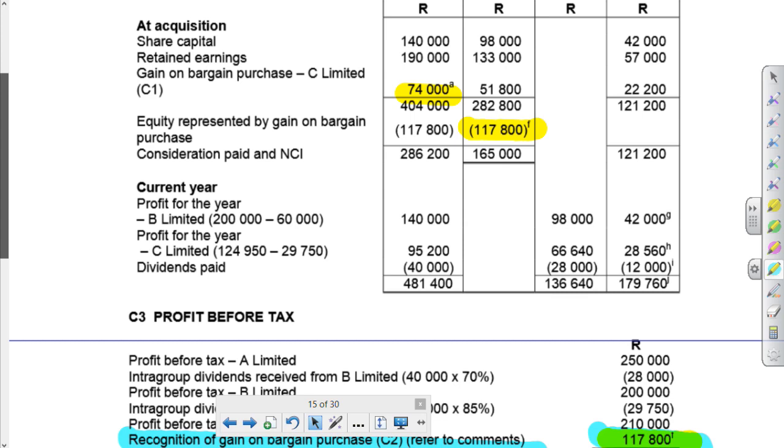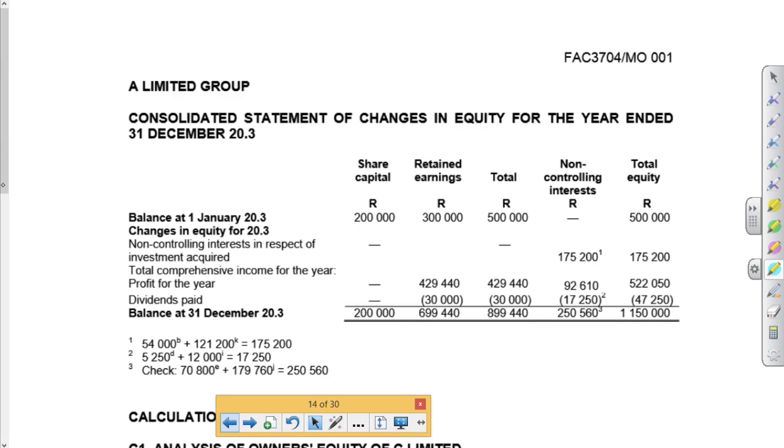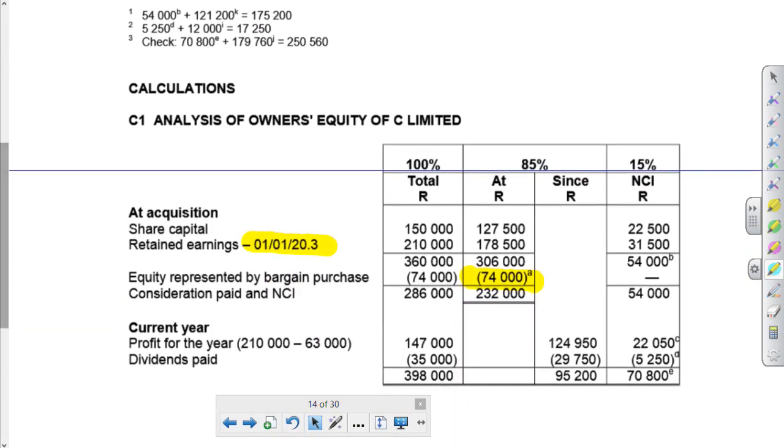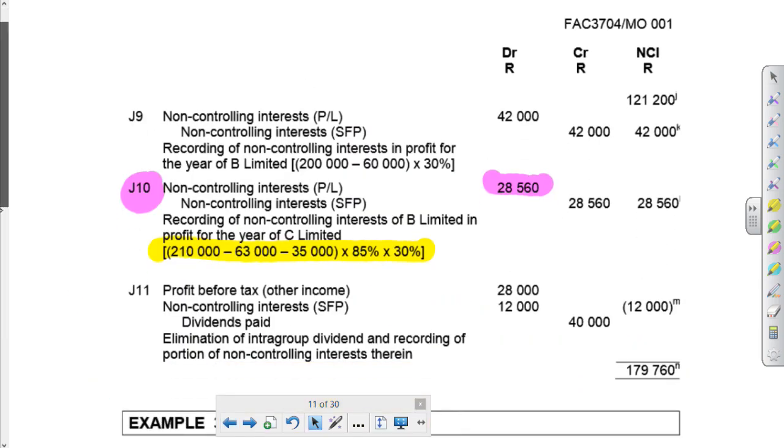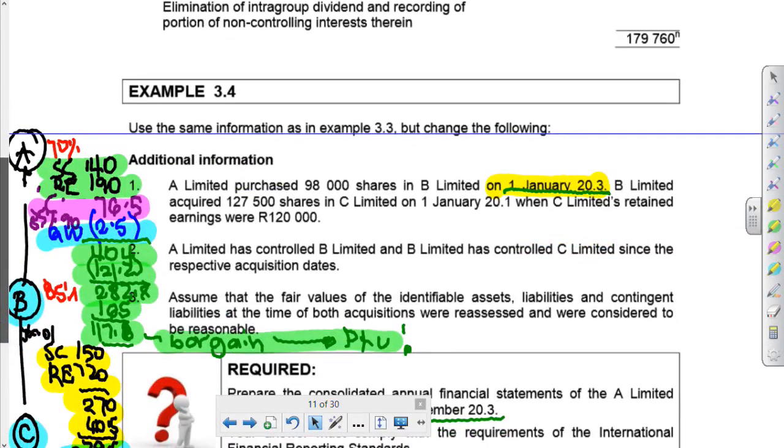They work out a bargain for C, because when they do the analysis as at the date that it became part of the group, they do the analysis not when B bought C, but when A bought B and C. And so we landed up with a goodwill of 2.5, which we pulled through. They land up with this 74. But their 74, if I just go back here, is really just these two numbers. 76.5 less 2.5 is the 74.